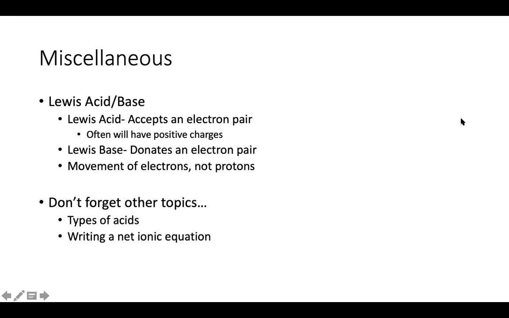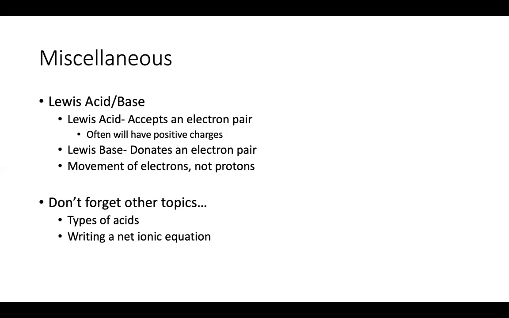Hasib asks, are neutral solutions amphoteric? No, I wouldn't say so. Amphoteric is an adjective for a compound, so a compound is amphoteric, not really a solution. Water is amphoteric because it can act as an acid or a base.